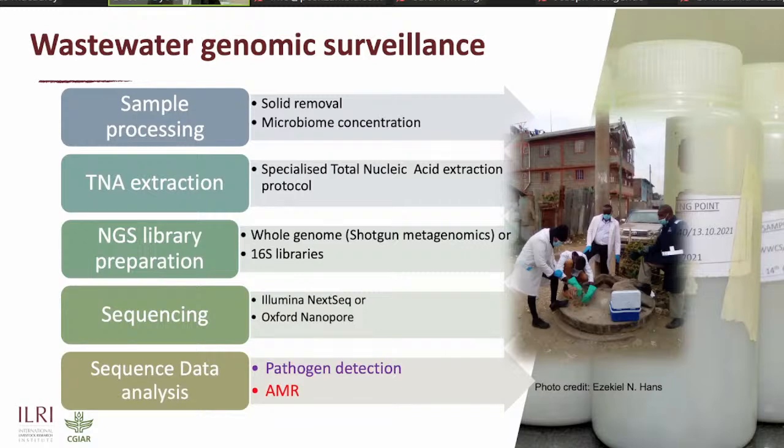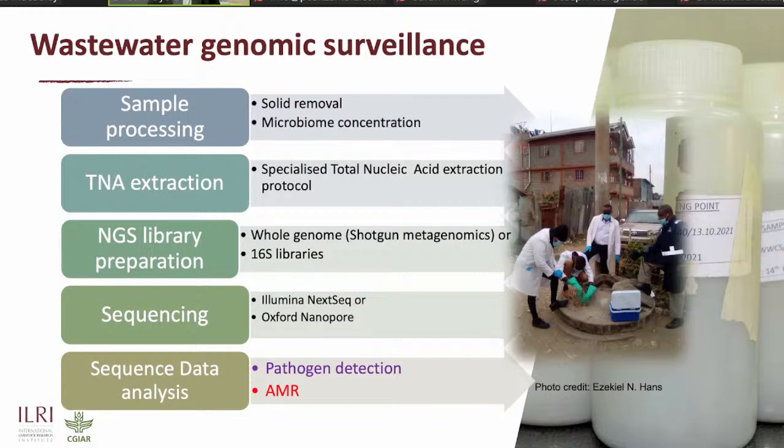The early stages of processing the wastewater for genomic surveillance are quite similar upstream. It's just solid particles removal and microbial concentration. And then total nucleic acid extraction is performed on it.